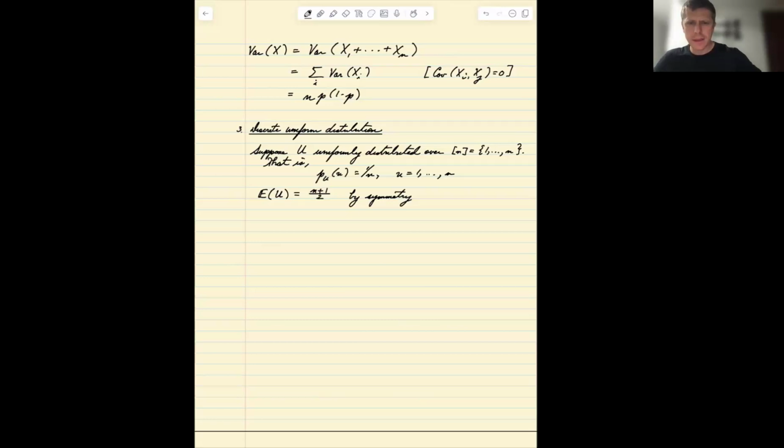Well, one clever trick is to define delta 2 as the expectation of (U+1) squared minus the expectation of U squared.